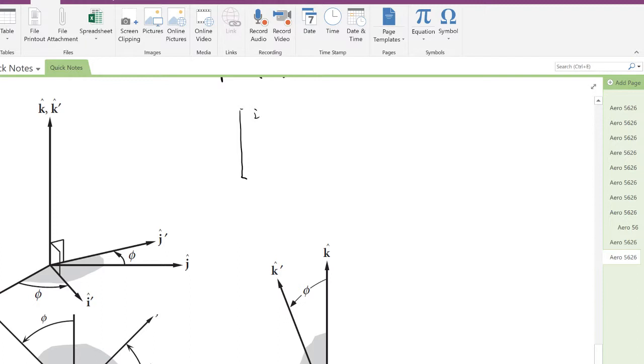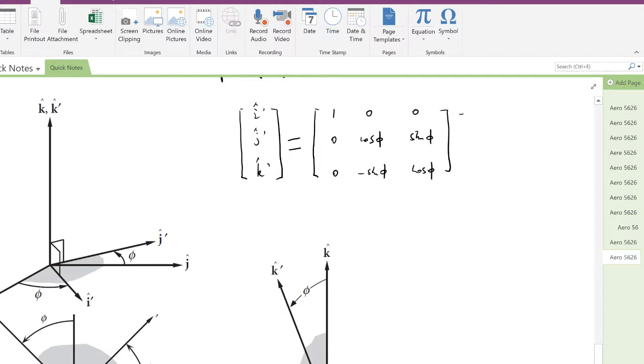then the vectors i prime, j prime, and k prime can be written with the rotational matrix: cosine phi, sine phi, 0, negative sine phi, cosine phi, and so on. It times the original axes i, j, and k.